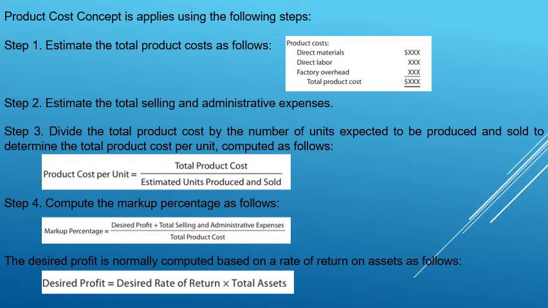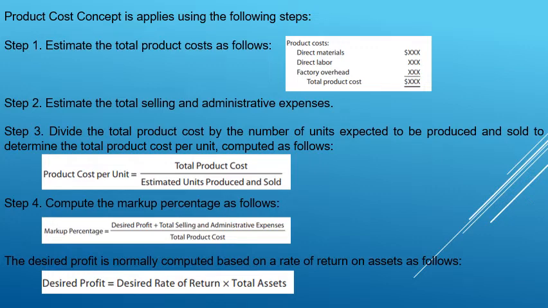So the fourth step is to compute the markup percentage. So how do we compute that? So we have the desired profit plus the total selling and administrative expenses divided by the total product cost. So the desired profit is normally computed based on the rate of return on the asset.